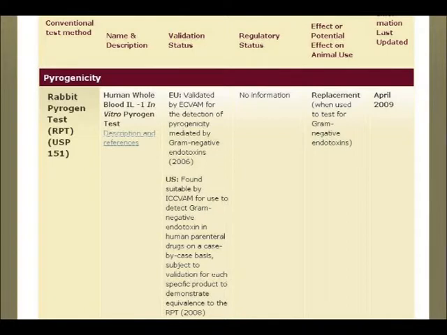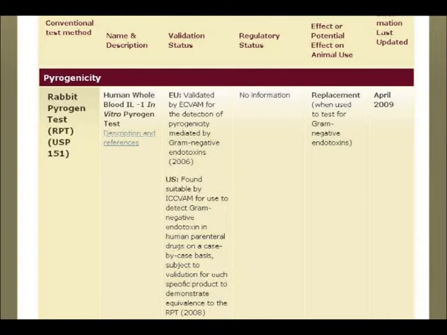The description of the alternative test, well, one of them here, is the human whole blood in vitro pyrogen test, and the validation status, as we have just heard, is that it was validated by the European Centre for the Validation of Alternative Methods for the detection of pyrogenicity caused by gram-negative endotoxins in 2006.